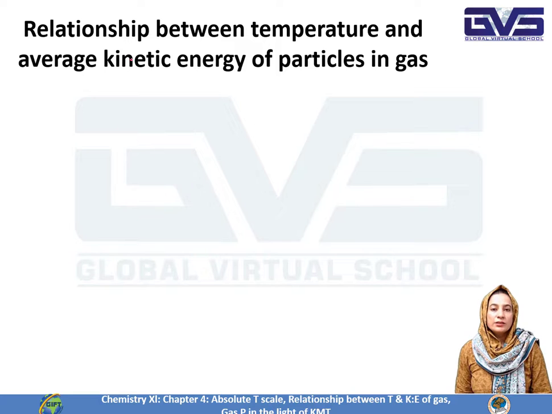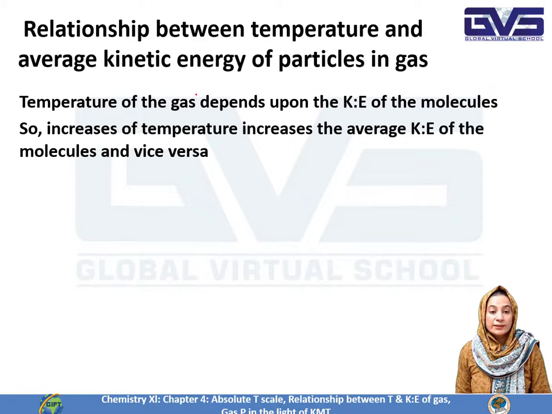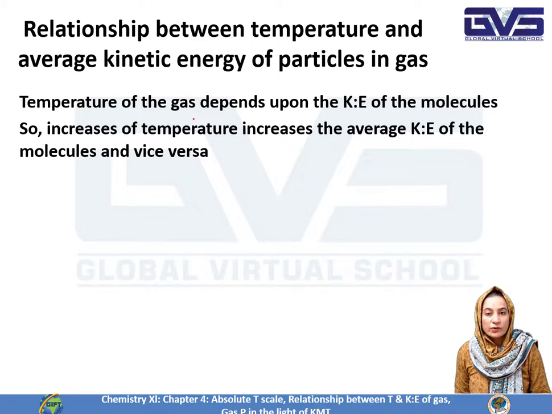And now this is the important topic, the relationship between temperature and average kinetic energy of the particles in a gas. You are quite familiar with this, that the temperature of a gas depends upon the kinetic energy of the molecules. If gas molecules have higher kinetic energy, it means they are at a higher temperature. If they have lower kinetic energy, it means they are at a lower temperature.